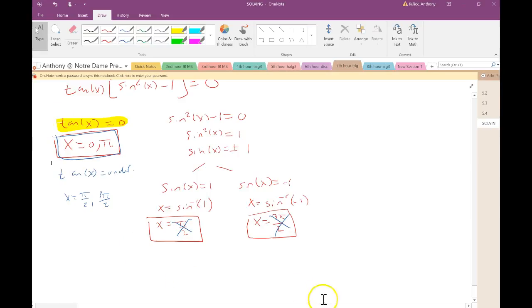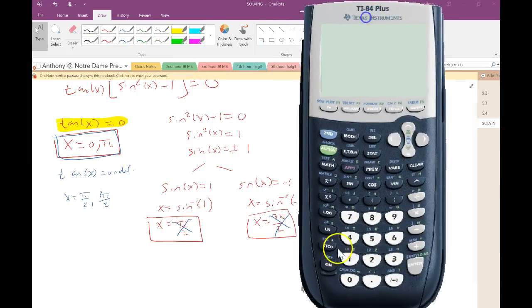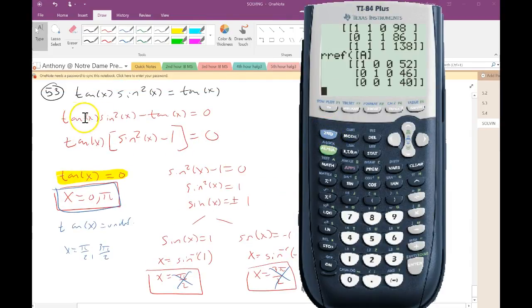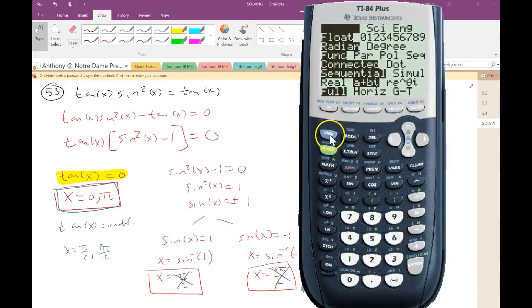So let's go and illustrate what's going on here. I'm going to pull up my calculator. If I try to do tangent of pi over 2 times sine squared pi over 2 minus tangent pi over 2, make sure I'm in radian mode real quick.